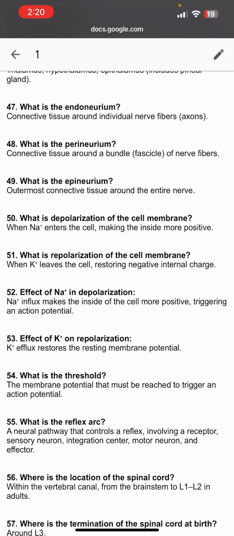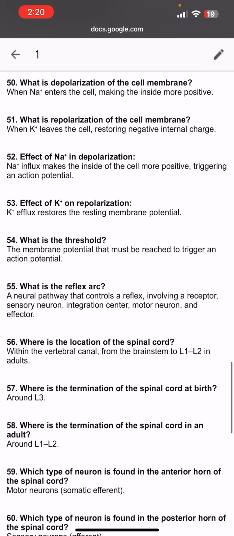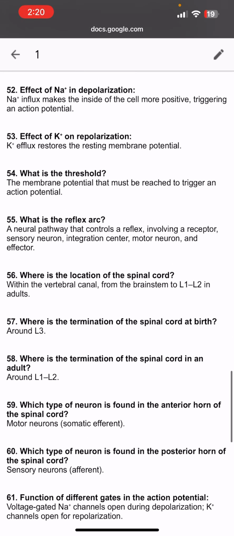Depolarization of the cell membrane is when sodium enters the cell, making it positive. On the other hand, repolarization is when potassium leaves the cell, restoring negative internal charge. Sodium in depolarization makes the inside of the cell more positive, making an action potential.